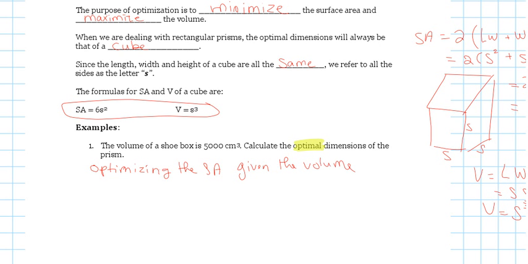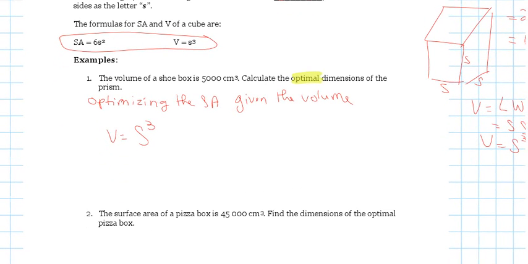Because I've given you the volume, what formula do you have to start with? The volume formula, right? So I know that the volume is equal to S cubed because I know it's going to have to be a cube because I'm optimizing. I know that my volume is 5,000. And what I'm trying to find? S, which is my side length. How do I find S? Cube root it.